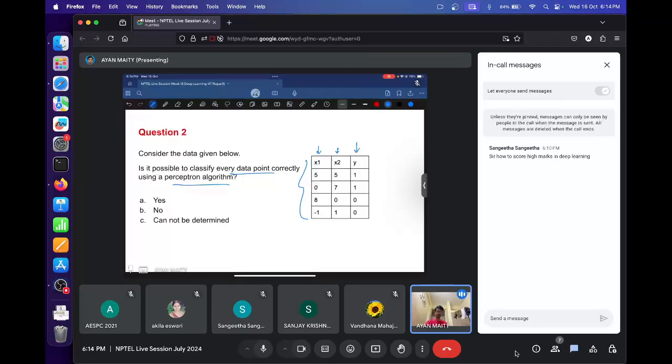There are three options: yes, no, cannot be determined. There are 4 data points in this dataset. Is it possible to classify each of these 4 data points correctly using a perceptron algorithm? These are the two features, x1 and x2, and y is the target variable or the class label.